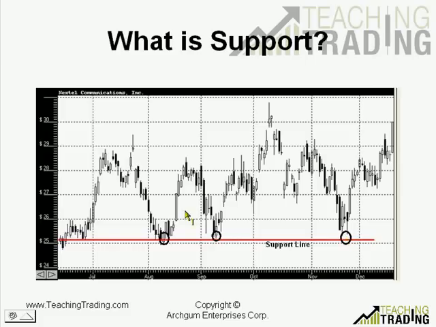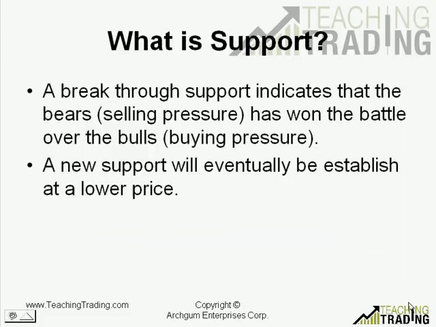So again, as prices fall towards support, because the prices are so cheap, buyers are more likely to buy, and sellers are less likely to sell, pushing the prices back up. A breakthrough support indicates that the bears' selling pressure has won the battle over the bulls' buying pressure.